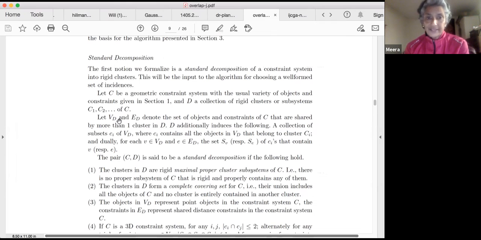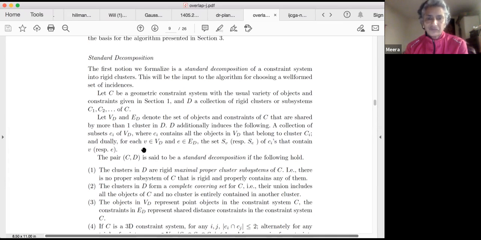So VD and ED are the sets of objects of C that are shared by more than one child. So you basically have a collection of subsets of the set of objects, which are vertices, where CI contains all the vertices in VD that belong to one cluster.